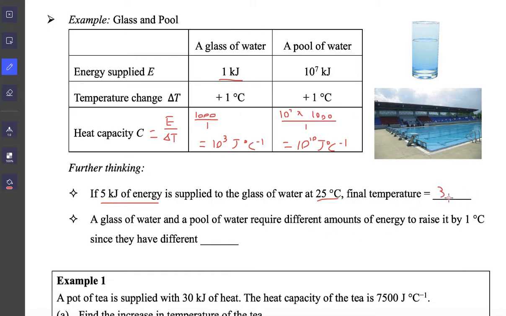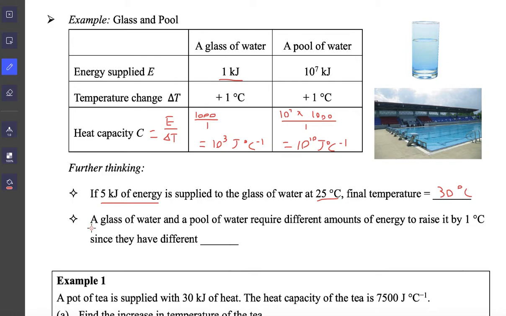So the final temperature here would be 30 degrees Celsius. 1 kilojoule, the change in temperature is 1 degree Celsius. So 5 kilojoule, the change in temperature is 5 degrees Celsius. So this is 25 plus 5, which is 30 degrees Celsius.